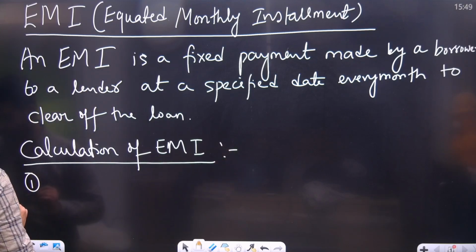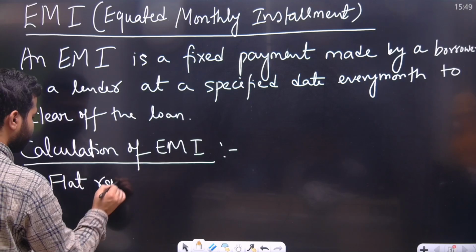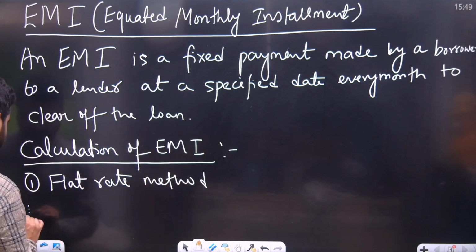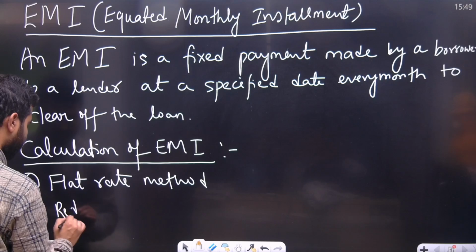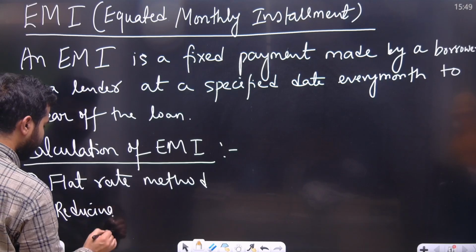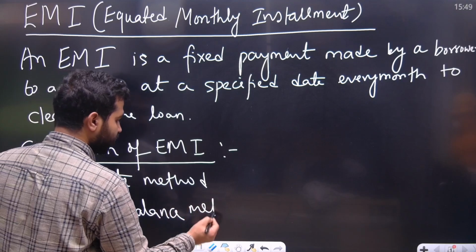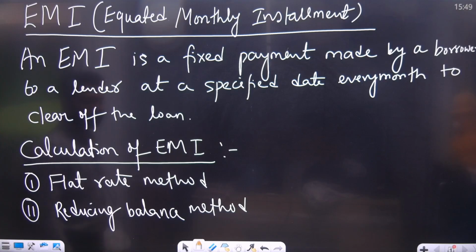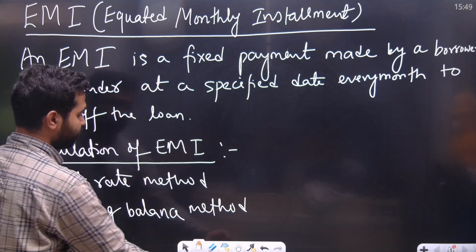First one is your flat rate method, and second method is your reducing balance method. In your syllabus these two methods are given. Now I will discuss these two methods one by one.